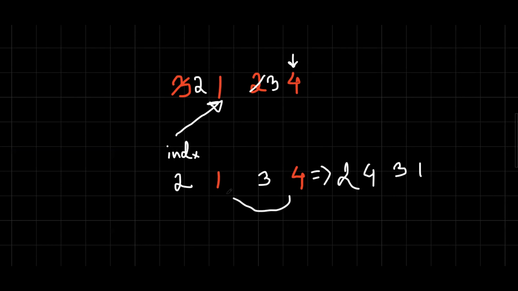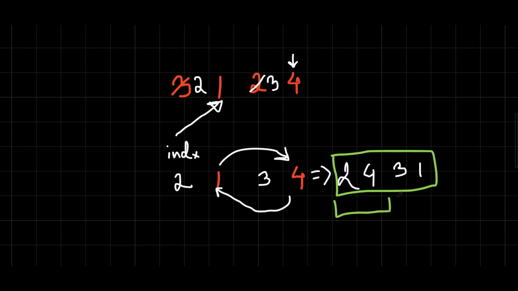That means 4 appears here and 1 appears here. So by using this two-pointer approach, we clearly notice that the output array, which is 2, 4, 3, 1, satisfies the given conditions. Here, the first two elements are even and the last two elements are odd.